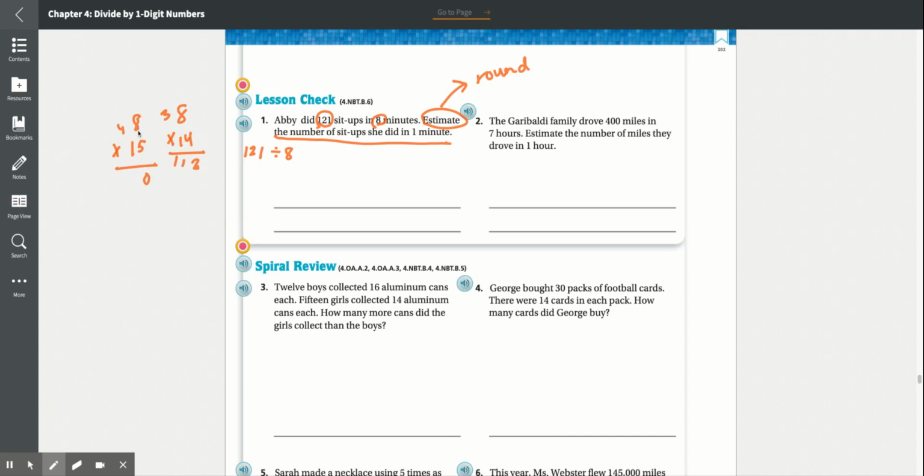Carry the 4. 8 times 1 is 8 plus 4 is 12. So it's 120 and 112. So we can see that the 120 is only a 1 difference from 121, while 112 is a 9 difference. So we can say that the answer is about 15 sit-ups.